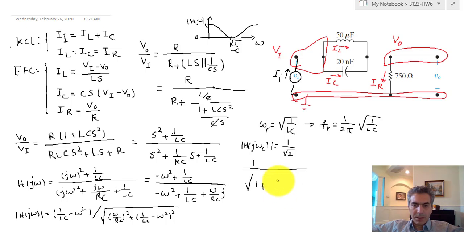So ω_c, the cutoff frequency, divided by RC, over 1/LC minus ω_c², the whole thing to the power of 2, has to be equal to 1.